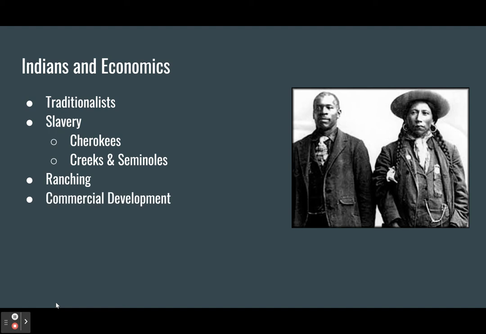Tribes will also get involved in commercial development. So they will use the annuity payments that the government promises them and their agricultural profits to purchase goods that were imported by Indian merchants and white traders and develop their lands.